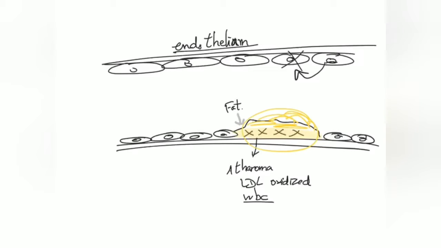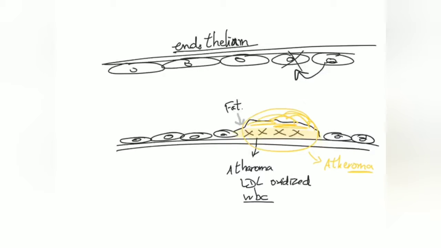So this little thing is called an atheroma. Oma means growth, and athero, from atherosclerosis, means narrowing of the vessel because of a growth.